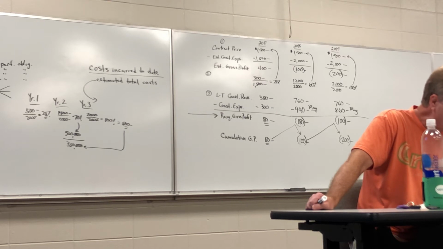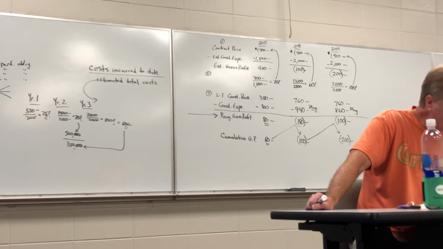Gross profit recognized in year one, $300,000. Cost incurred in year one through year two is $1.8 million. Estimated cost to complete at the end of year two, $600,000.